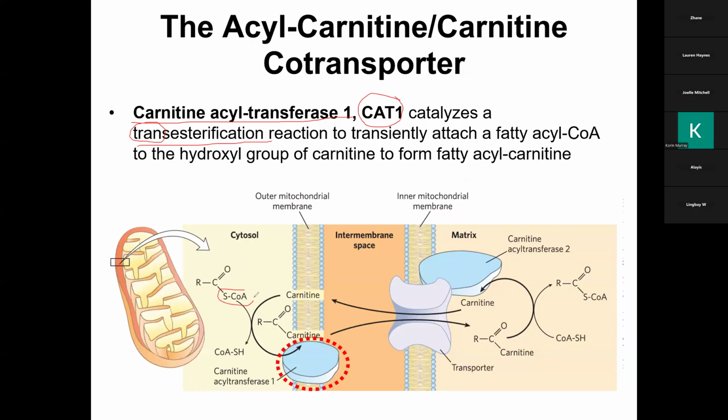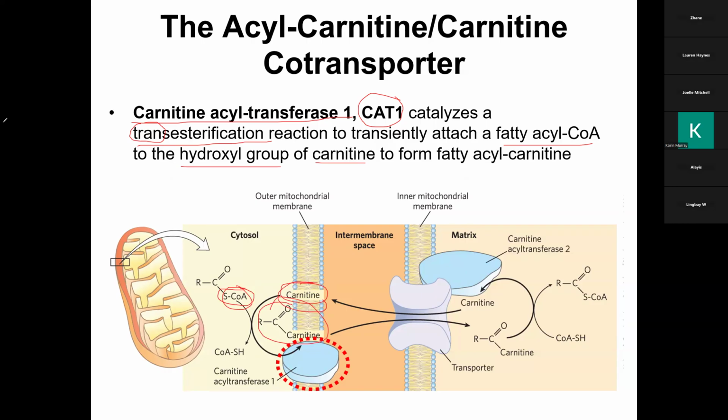Esterification, you're going from a thioester to a carnitine ester, to transiently attach fatty acids. Fatty acid CoA to the hydroxyl group, the alcohol of carnitine. So what we're doing first of all is exchanging the CoA for a carnitine to generate the carnitine fatty acid.